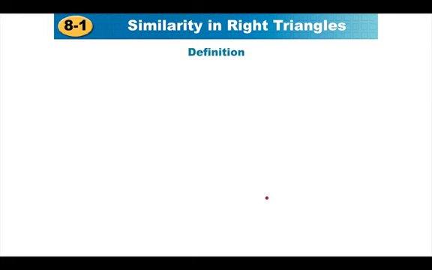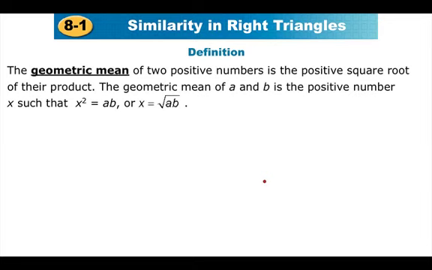This is the definition. Follow along. It says the geometric mean of two positive numbers is the positive square root of their product. The geometric mean of a and b is a positive number x such that x squared is equal to a times b, or x is equal to the square root of the product ab. Let me give you an illustration of what the geometric mean represents.